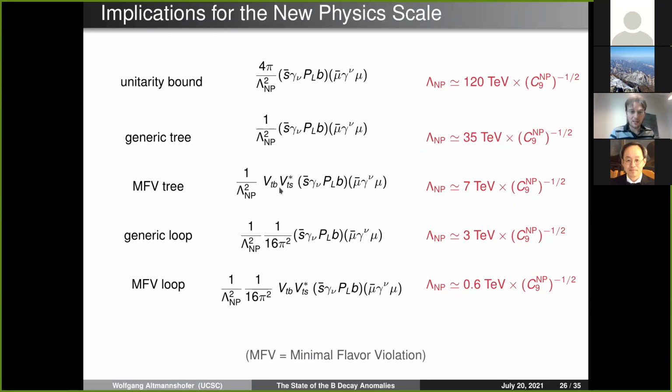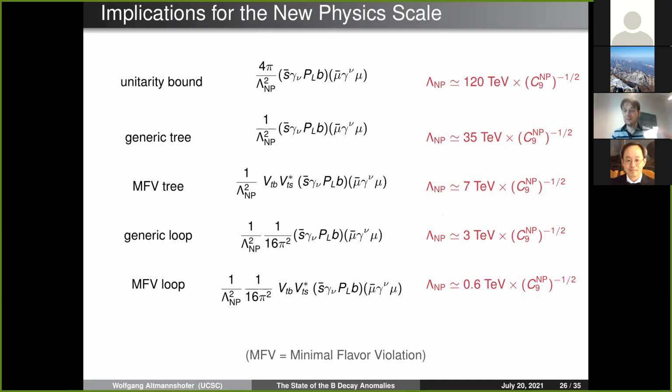If I put in a CKM suppression or loop suppression or both, one gets scales ranging from several hundred GeV to several TeV. If one pushes the new physics coupling to 4 pi, then one gets a new physics scale of around 100 TeV. But that's the maximum that one can go.